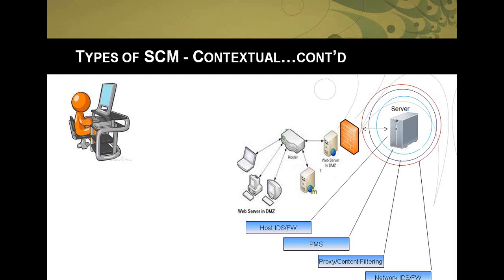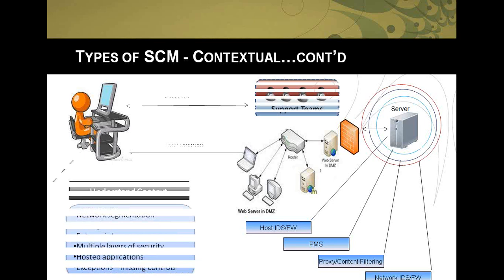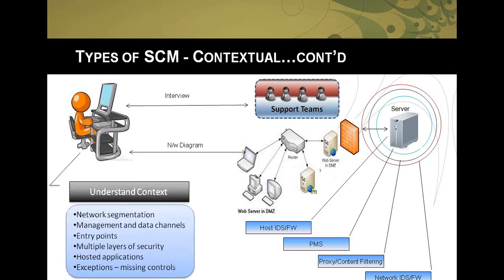So a fair understanding of all this network setup and other compensatory controls is a key ingredient to do a contextual assessment. The analyst gains this knowledge by interviewing the IT support team and analyzing the network diagram.